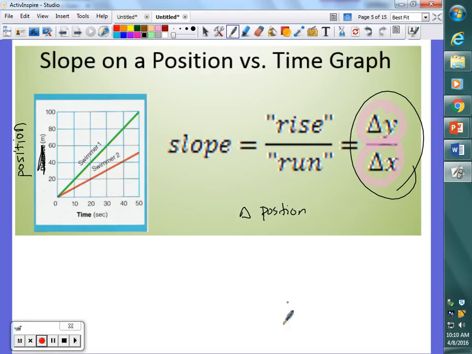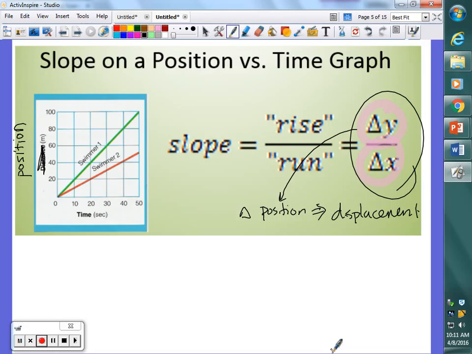Change in position is the definition of something that we talked about 4 days ago. Change in position is the definition of what? Displacement. Right? So delta y is change in position, but change in position is how we define displacement. What's on the x-axis of this graph? Time.